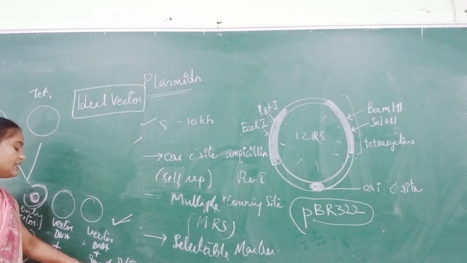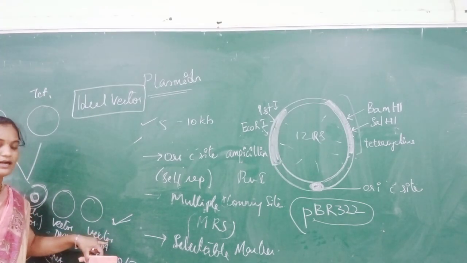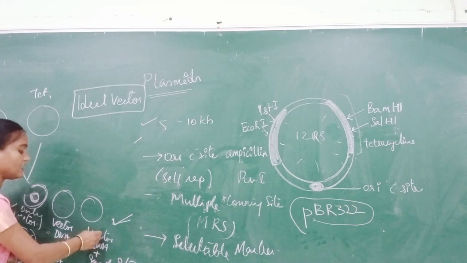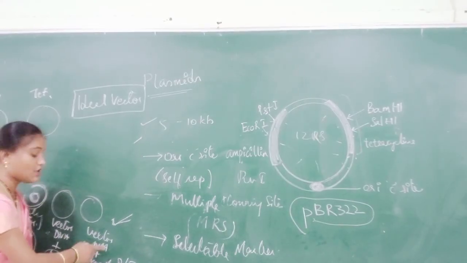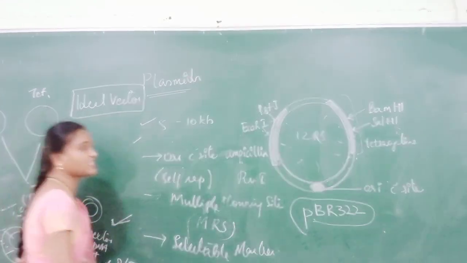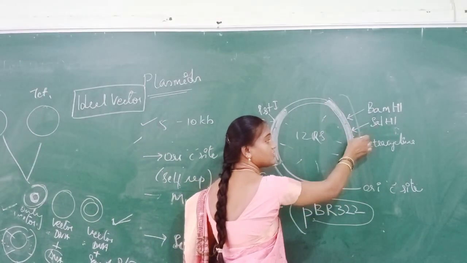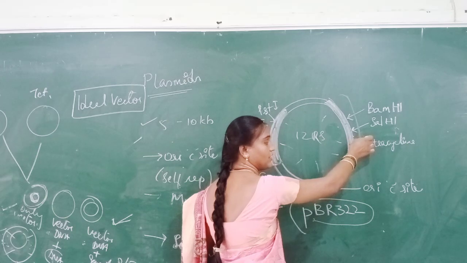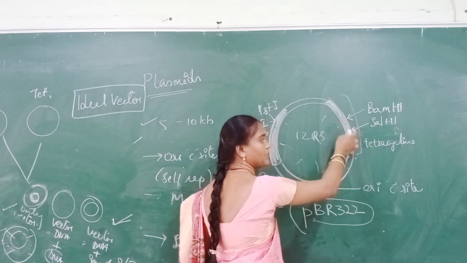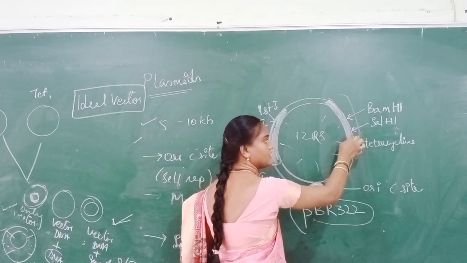Next, coming to your vector DNA with your gene of interest in the third case, what happened here? Your vector DNA is paired up with your gene of interest. Then, if your gene of interest is placed in your tetracycline, as this has a restriction site for BamHI, right? So here when a cut is obtained, then your DNA insert will go and sit here.